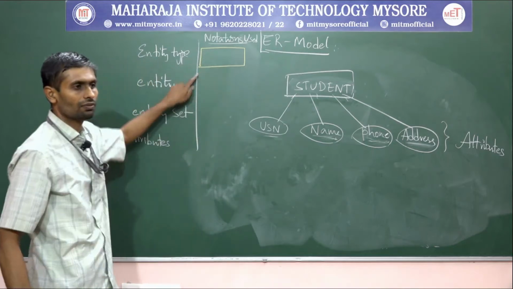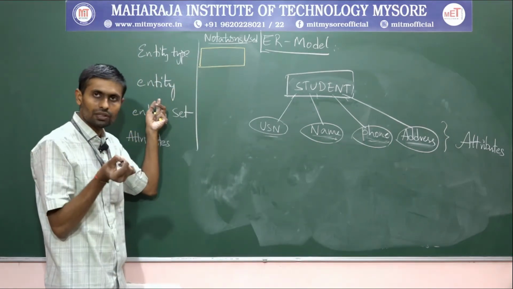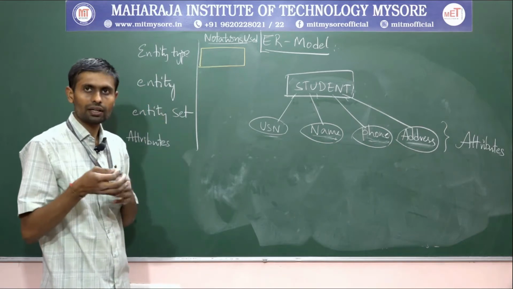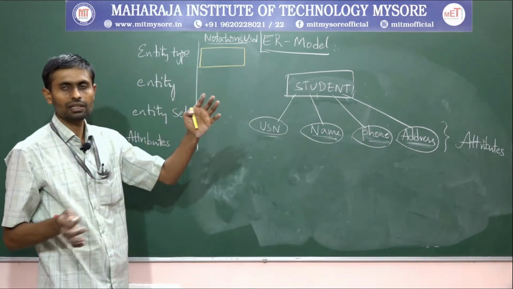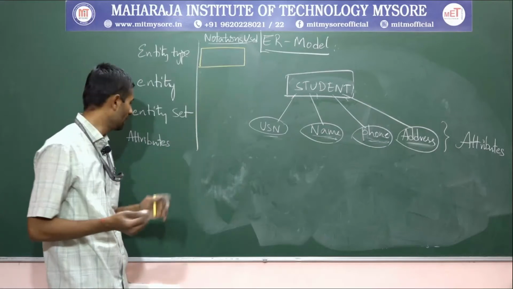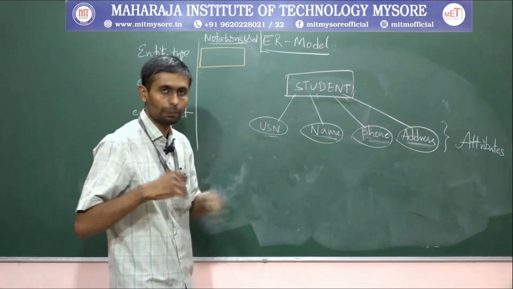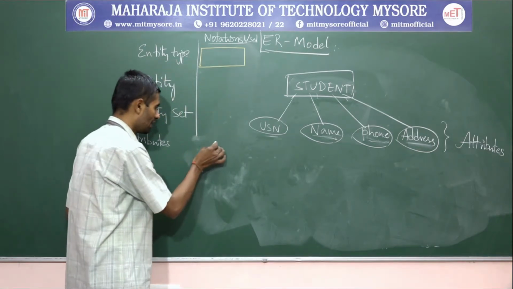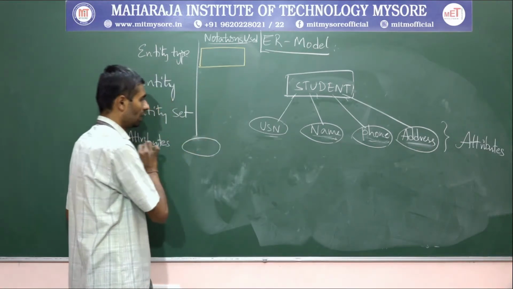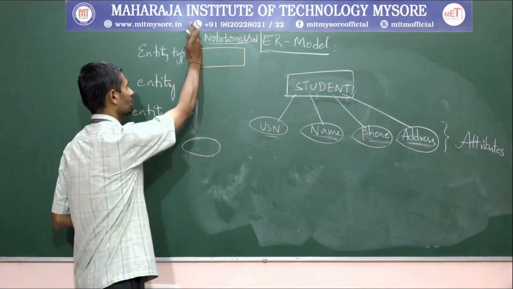A rectangular box for entity type, and an entity, it's a minute instance that will be recorded in the database. Then entity set, it's a collection of entities; we don't have a separate notation for that. Then attributes: the properties of interest, attributes, are represented with the help of an oval or elliptic symbol, with this symbol.